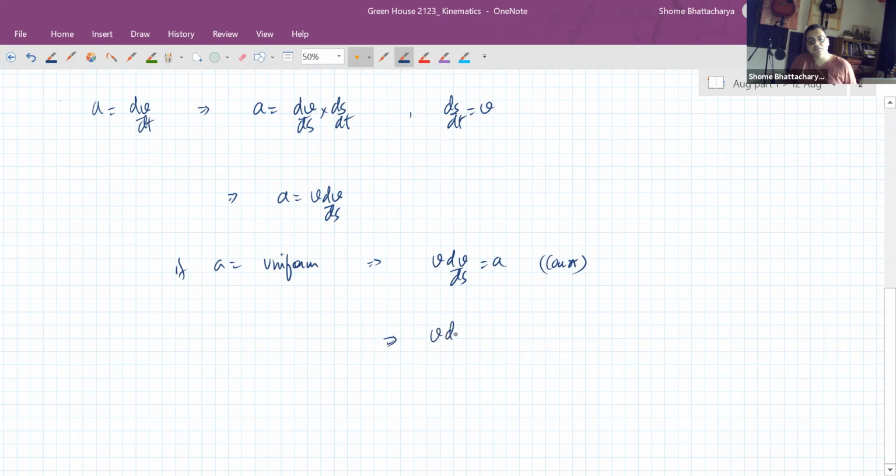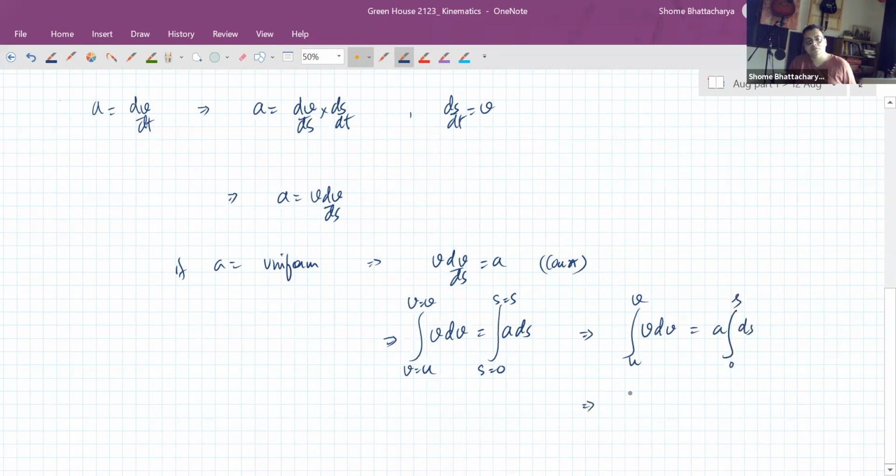So integrating this relation from initial velocity equal to u when displacement was 0 to instantaneous velocity v when the displacement is s, we get the relation, taking the constant outside, v square by 2 from u to v is equal to, on the other side, a s from 0 to s.